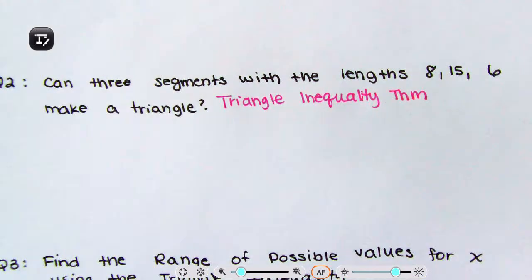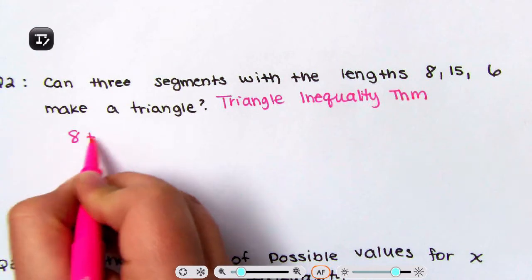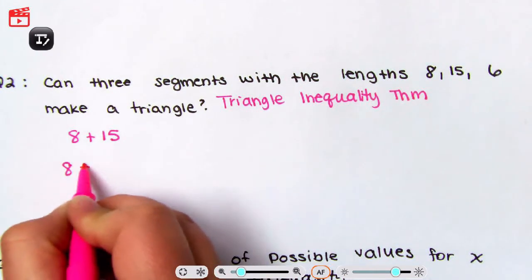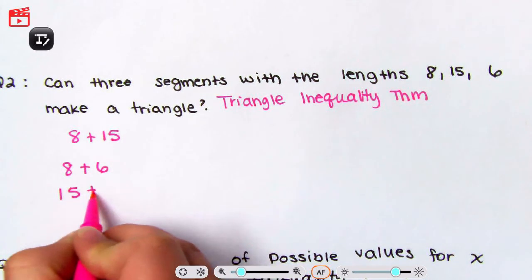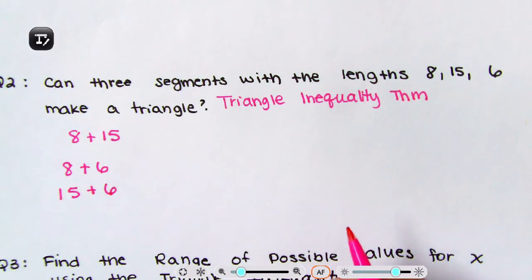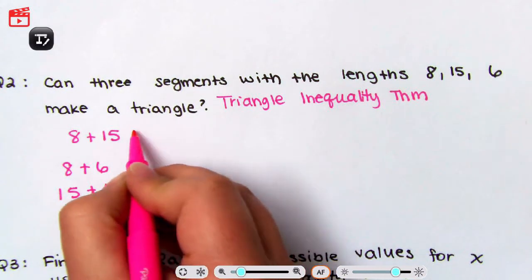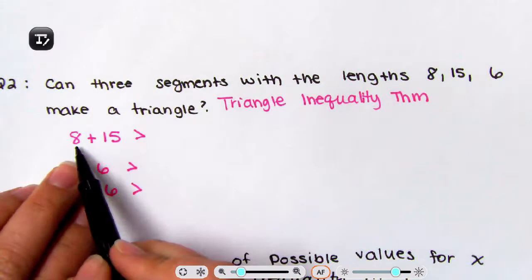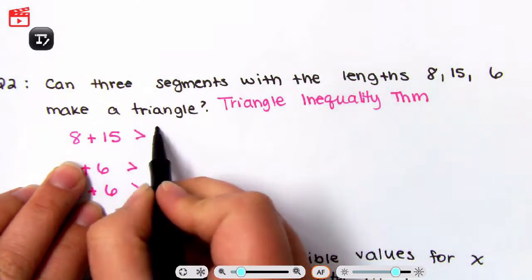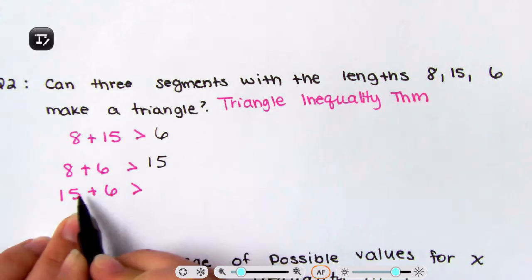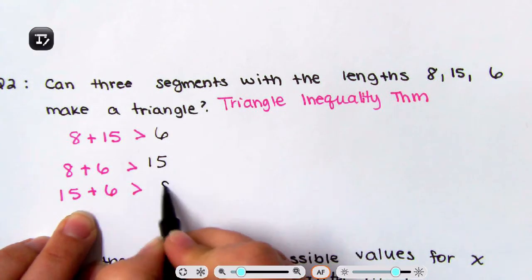That means that if I take any combination, so 8 and 15, 8 and 6, 15 and 6, all 3 different combinations, all of these added together need to be greater than the third side. So 8 plus 15 needs to be greater than 6. 8 plus 6 needs to be greater than 15. 15 plus 6 needs to be greater than 8.